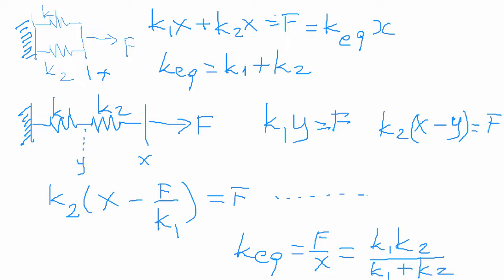Now I'm asking a question to you. Is it similar to capacitance, isn't it? Similar to parallel or series connection of capacitors. If those capacitors are connected in series, then of course you are going to obtain the equivalent K as something like this, and that is the equivalent K for that part.